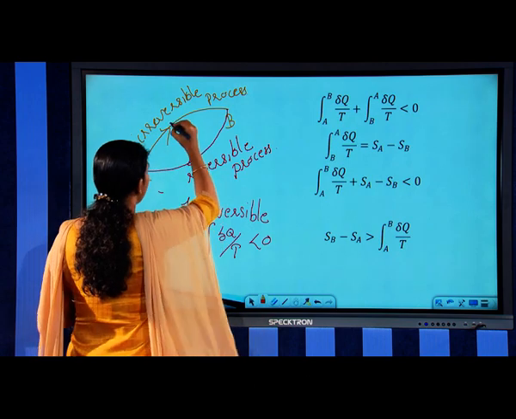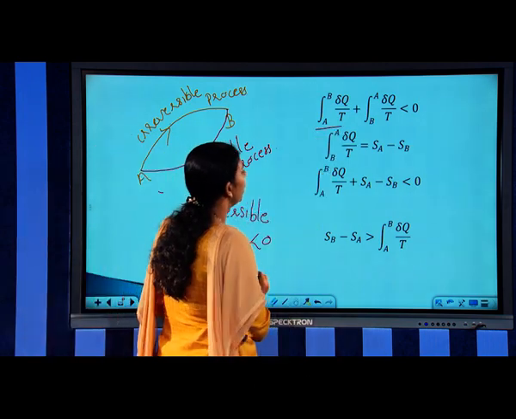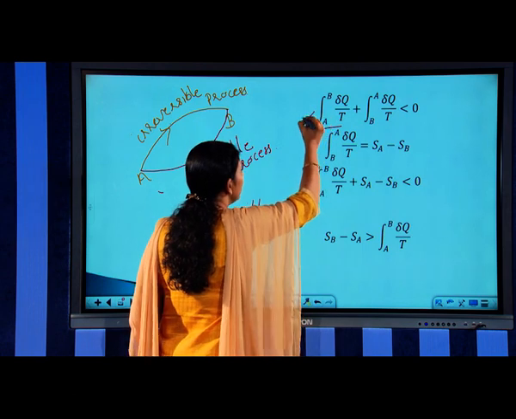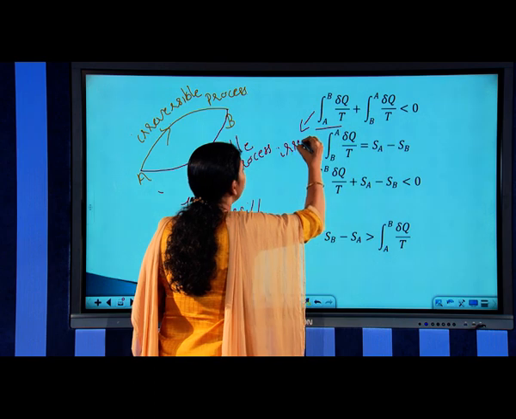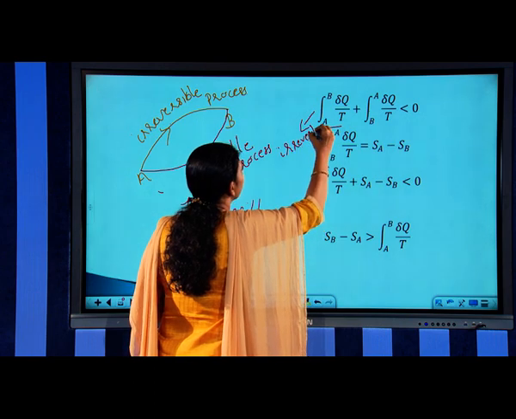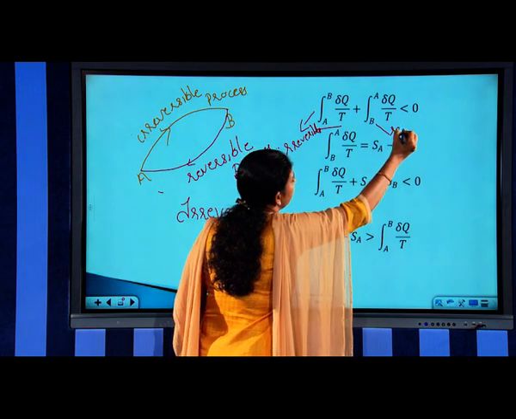So, consider these two parts: the integral from A to B of delta Q by T, which is for the irreversible process, and the integral from B to A, which is for the reversible process.